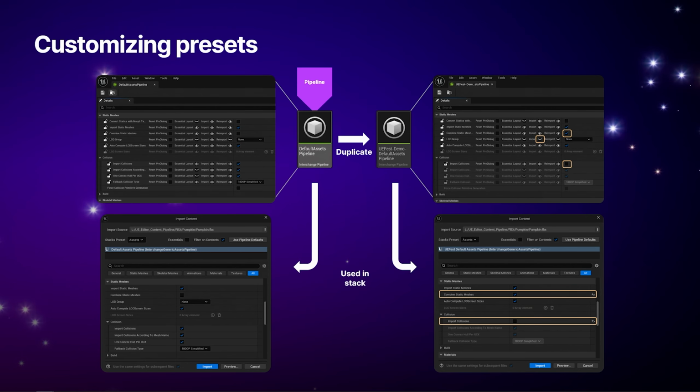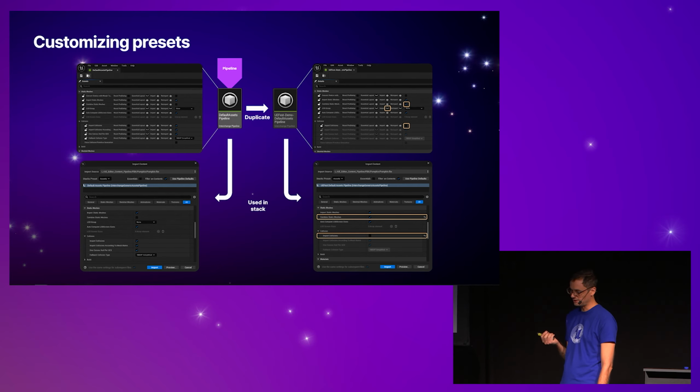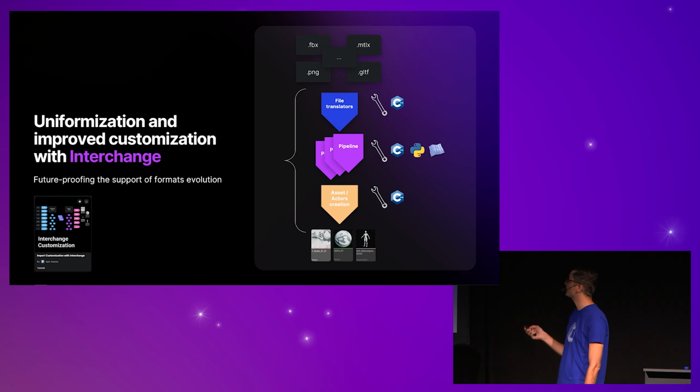So here I will go to, how do you customize things with Interchange? The very first level for that, because depending how deep you want to go with it, you have different ways to work with it. The first thing is customizing presets. Basically, because now we have these import steps called pipelines here.